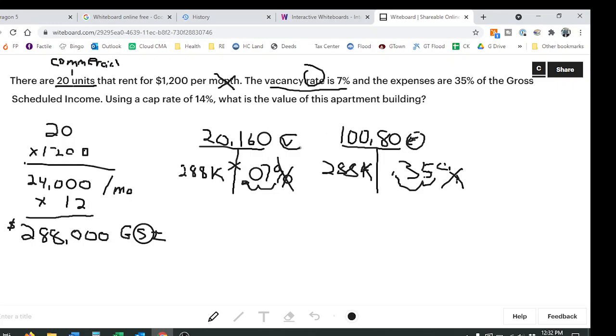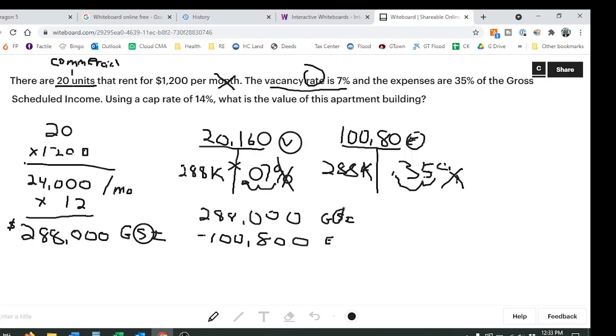So I've got the vacancy, the expenses, and the total gross scheduled income. All I have to do now is subtract these numbers. I'll write 288,000 minus 100,800, which are the expenses, and then the 20,160 for vacancy. It doesn't matter which order I do this in.